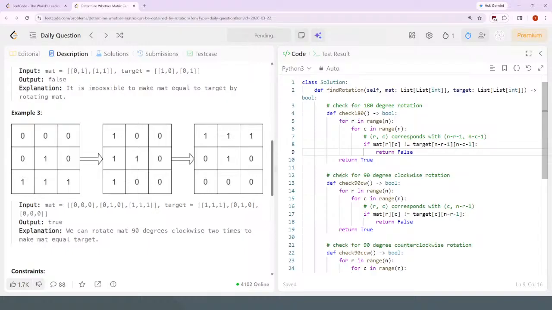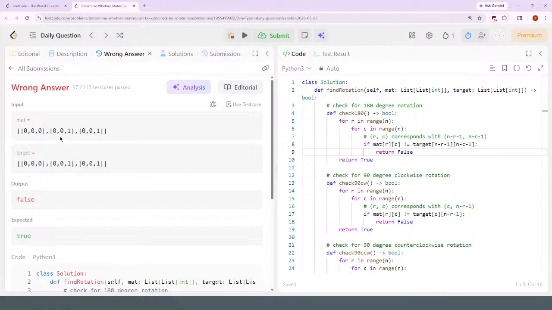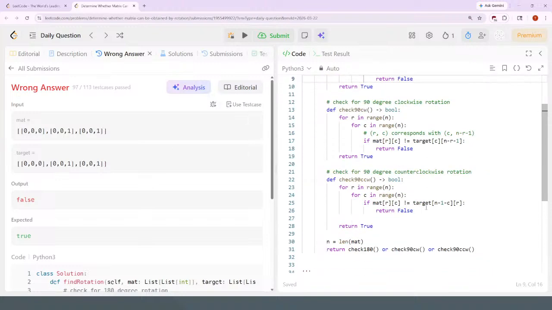Okay. Ooh. So the output here should be false, but it returns true. Interesting, okay.